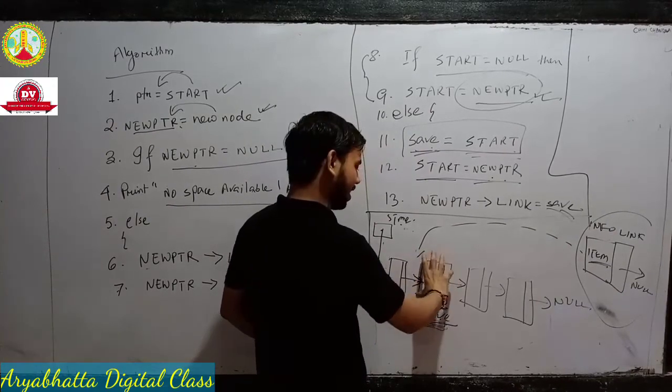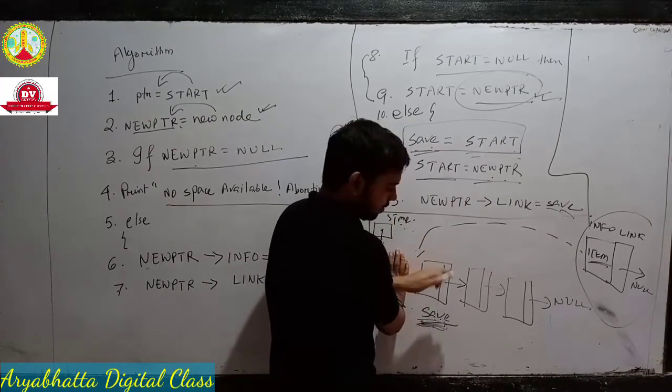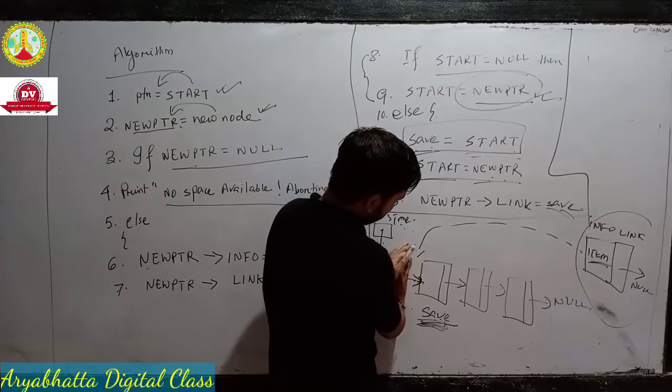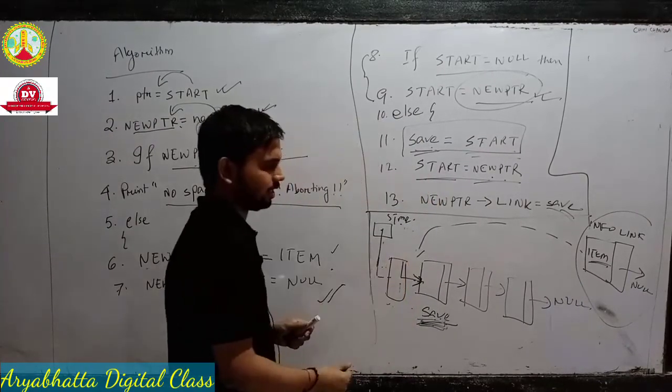First node means the first node of the previous list, until the new node is added, not this new node.